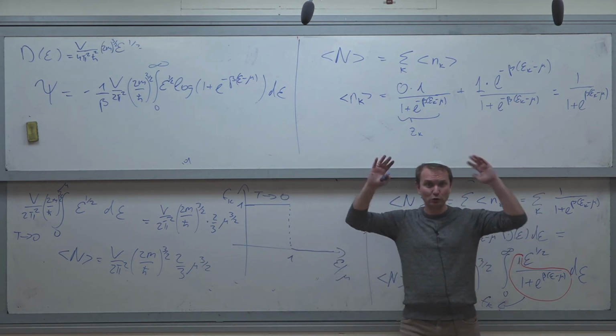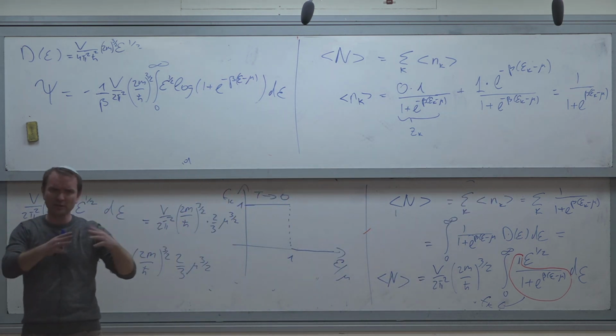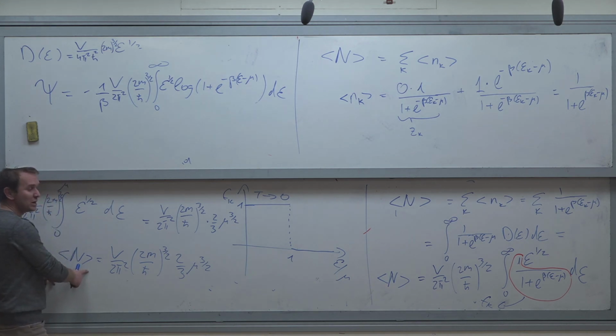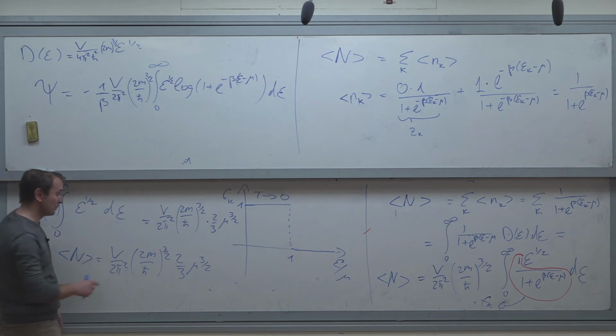I know that I have a huge number of electrons, and that they are almost constant all the time, at least for this range of temperatures. So I'm doing it the other way around. I now know the connection between μ and average N. Remember, it was very difficult for three energies. It's very easy when your energies are continuous, at least in this range of T going to 0.